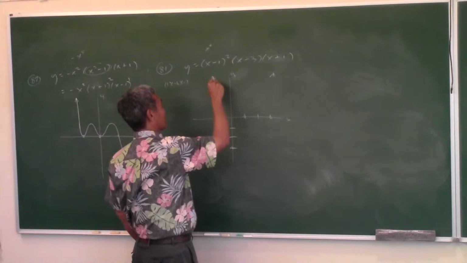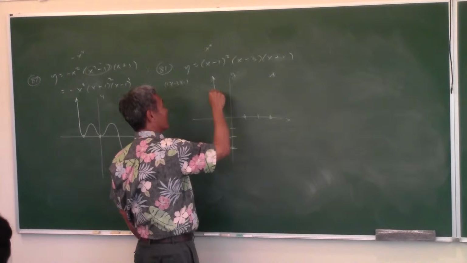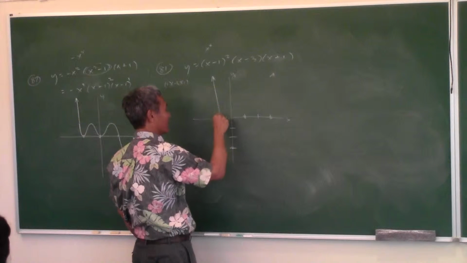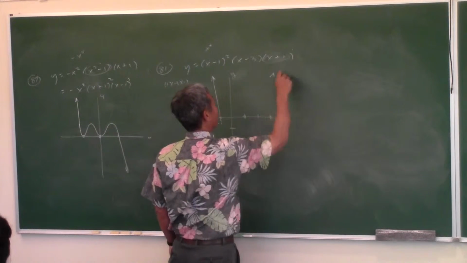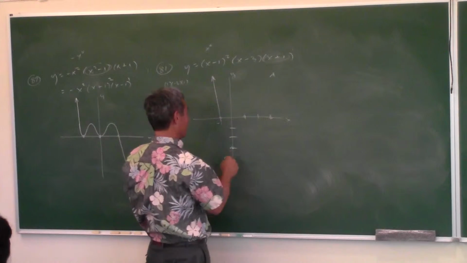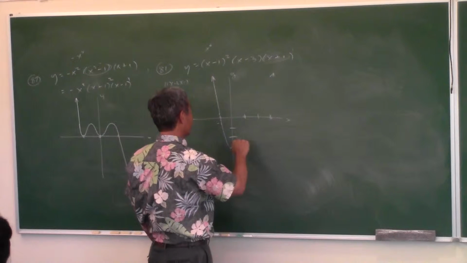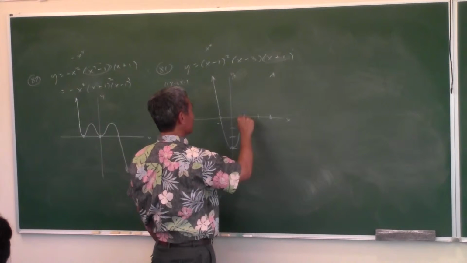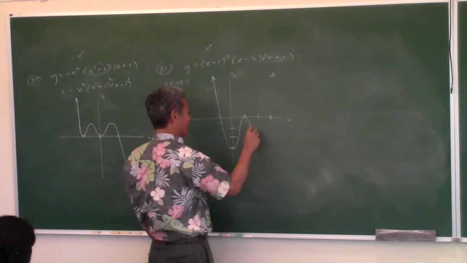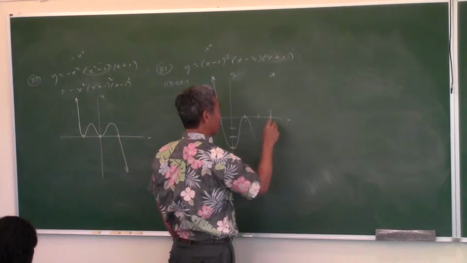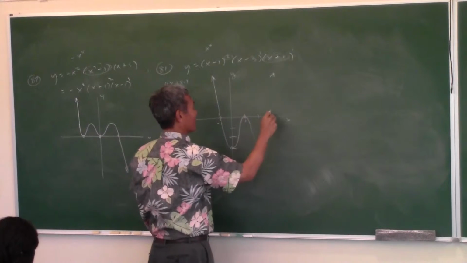So I'm coming down to here. Do I go through or bounce off? -1 came from here, odd power, you go through. And then now I'm coming up to 1. This one you bounce off because 1 came from here, even power. And then now I go through because 3 came from there, odd power.